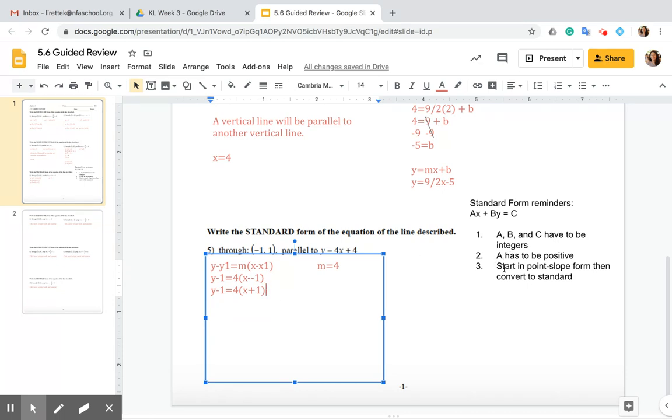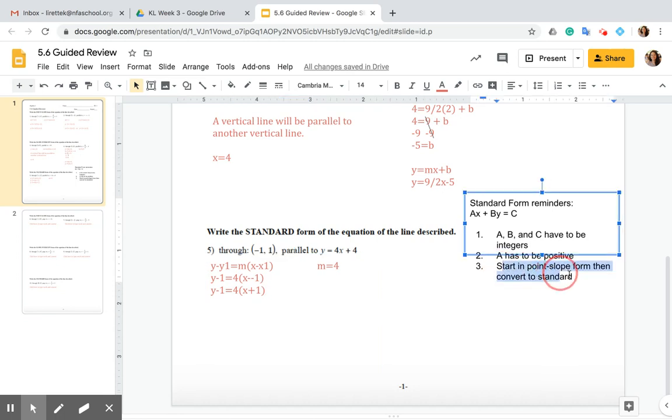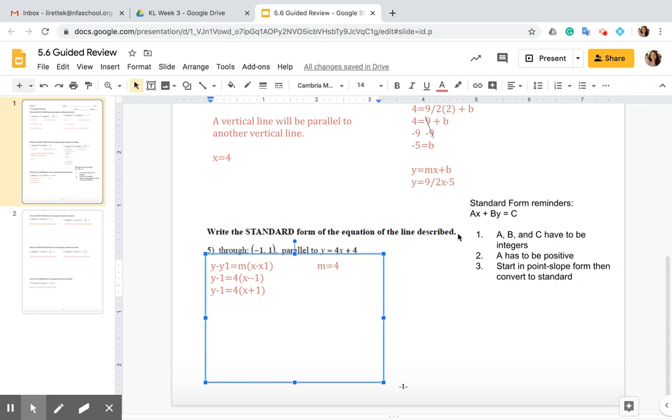Now, I need to make sure that I convert this point slope equation into standard form. If I look at standard form, there's no parentheses, so I've got to get rid of those. To do that, I simply distribute the 4. 4 times x is 4x. 4 times 1 is 4. Parentheses are gone.